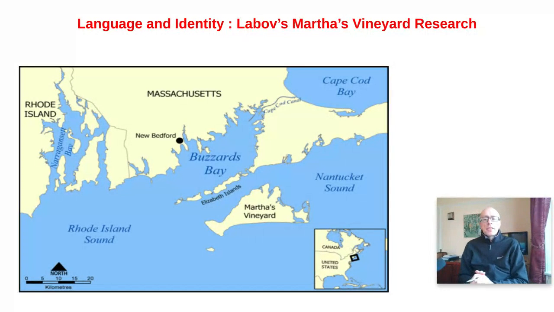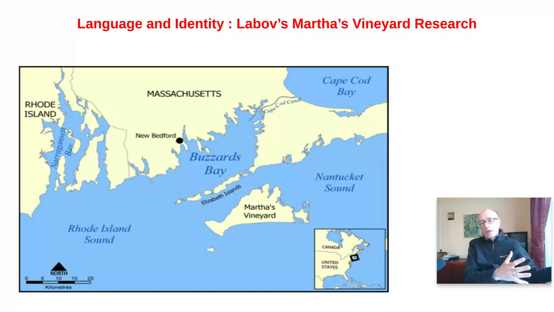It's a popular tourist destination for New Yorkers, escaping the sweaty city in the heat of the summer, and they're coming out to Martha's Vineyard. Famous, of course, for Steven Spielberg setting his Jaws film in the late 1970s on Martha's Vineyard. So linguistically, it's an interesting place because you've got your islanders, or up islanders as they're called, who live there 100% of the time.